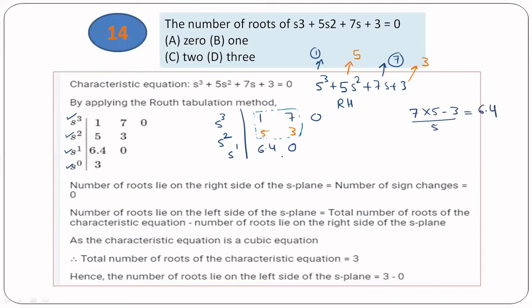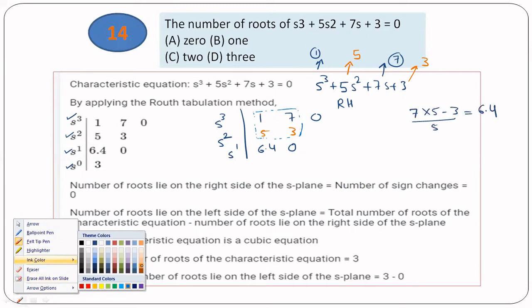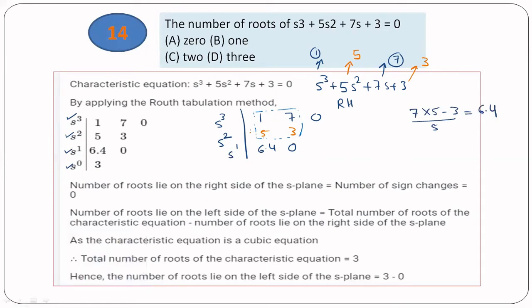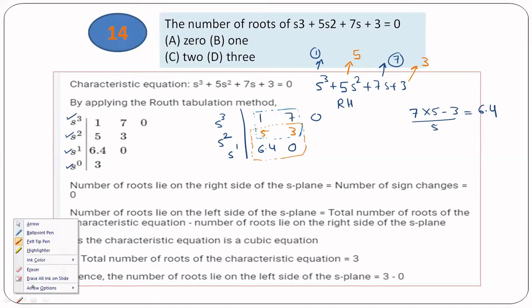When we solve for the next one, we again consider 4 elements: 5, 8, 6.4 and 0. Again you apply the same concept as explained earlier.